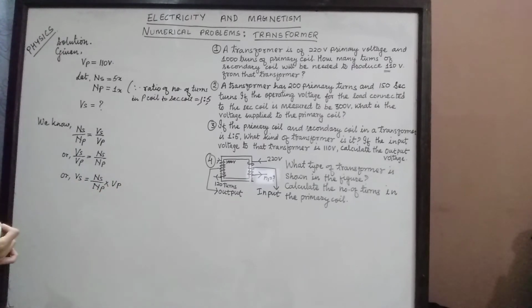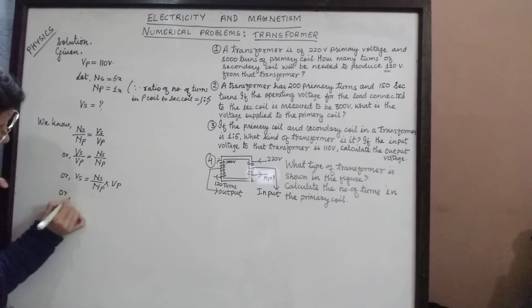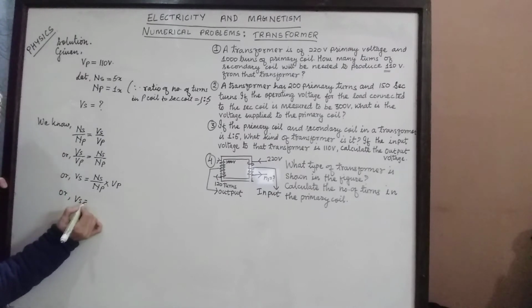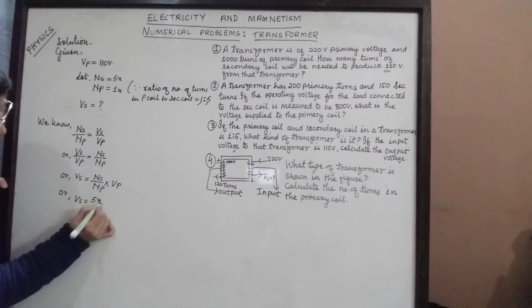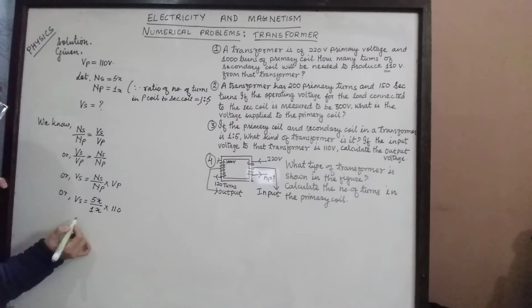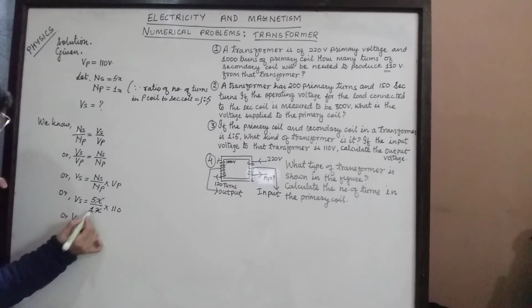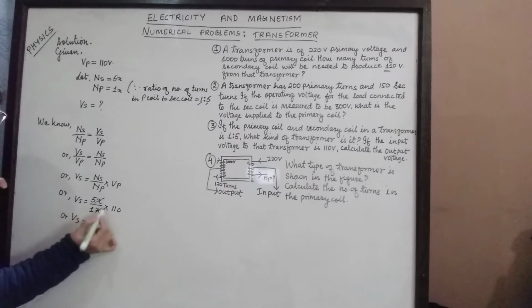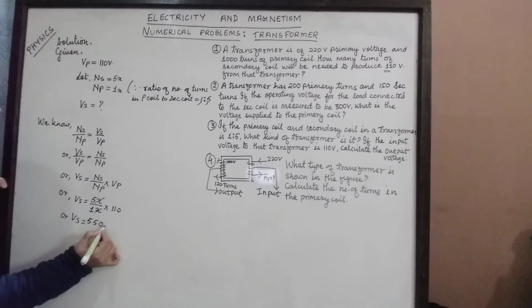Now put the values: VS equal to NS is 5x, NP is 1x, into VP is 110. Now the x gets cancelled out. Now directly multiplication, because there is only one. 5 zeros are 0, 5 ones are 5, 5 ones are 5. So voltage in the secondary coil is 550.